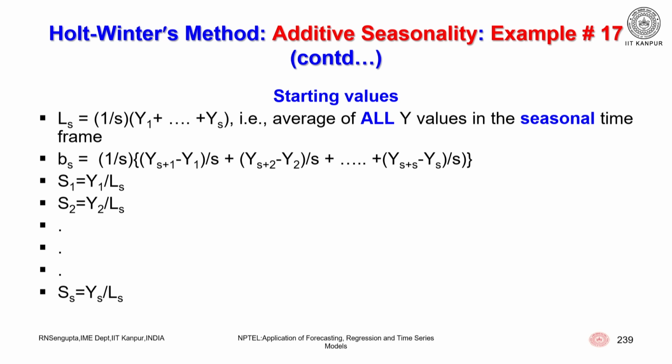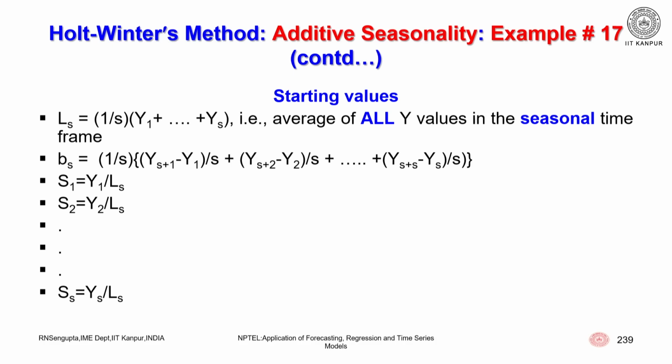So, you have LS, which for the additive model is basically the sum y1 to ys, the level based on the seasonality time frame. Small s is 4, and y1 to ys are based on the past data. You will take y1, y2, y3, y4 divided by 4.